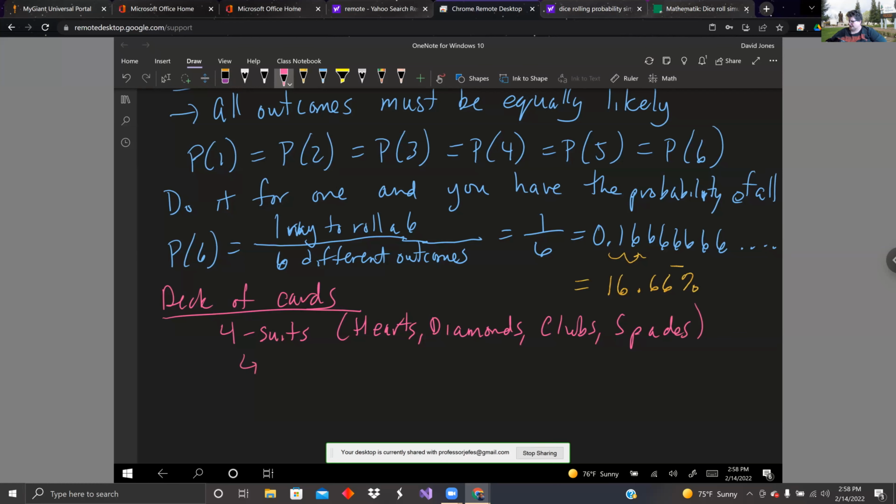And each suit has 13, they're called ranks. The ranks are the letters or numbers on the card. We got A, 2, 3, 4, 5, 6, 7, 8, 9, 10. The face cards are called Jack, Queen, and King.